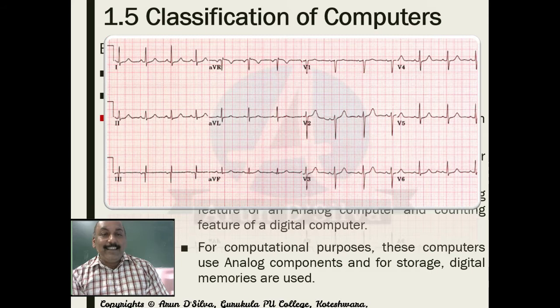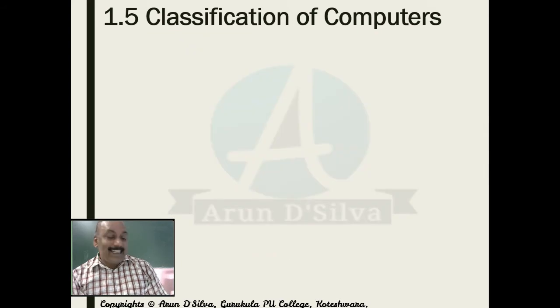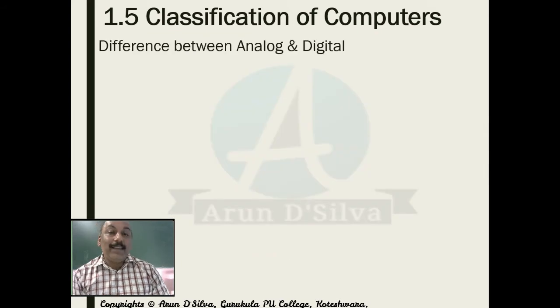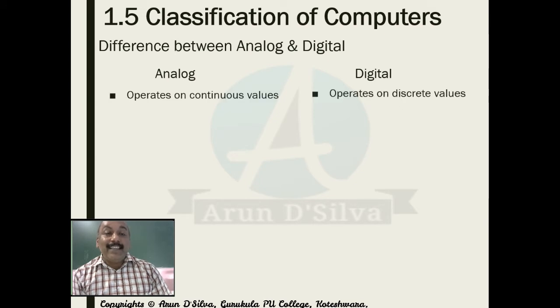Yes, students, let me go to the next one. What are the differences between analog and digital? The first difference, as you know very well now, is that analog operates on continuous data, and digital operates on discrete values or discontinuous data.